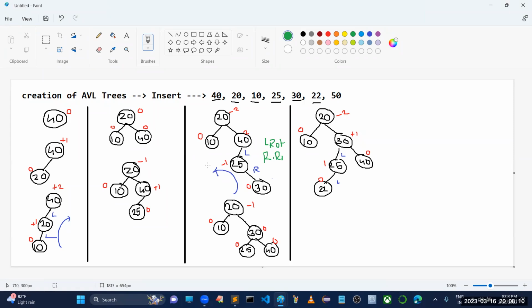Sir, left rotation means what? 40 will be as it is, 30 will become the left subtree, 25 will become the left subtree. Again we are going to get the problem. In this case we have to do a right rotation. Anyway, after doing this right rotation we will get this tree only. But in between, this particular scenario is there.